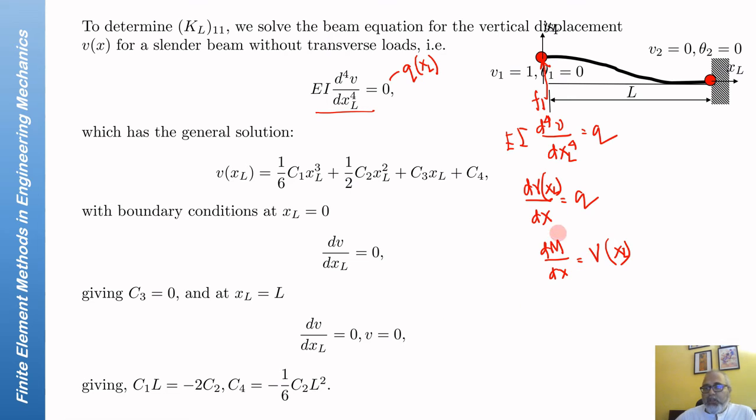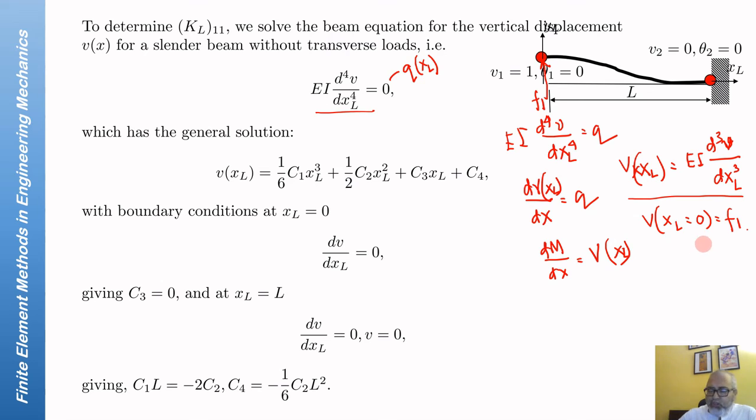So now V at xL is obviously EI d3v/dxL3, where v is the displacement. At xL equal to 0, this is equal to F1.